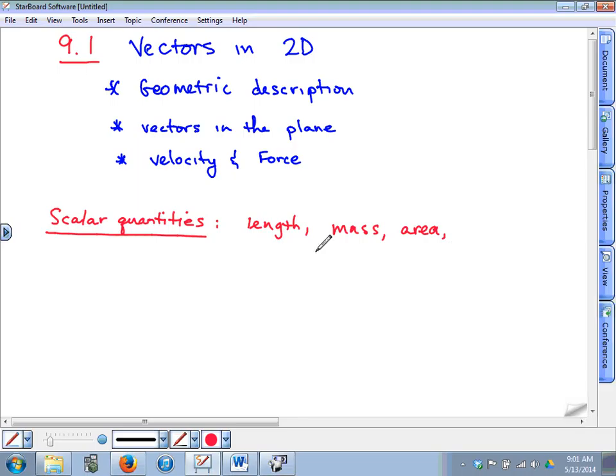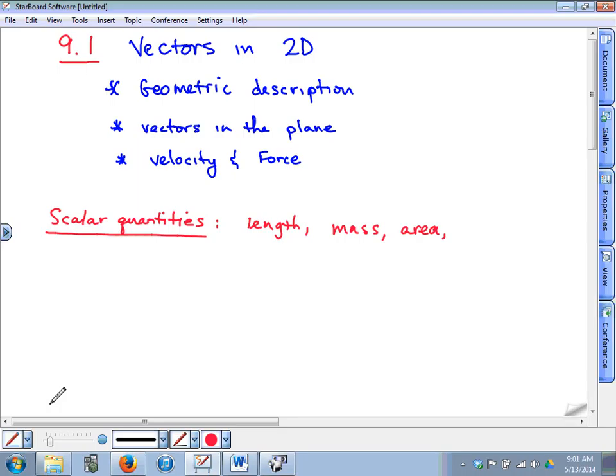They're really one-dimensional. They can be described in terms of a number. Length is 5 centimeters, or mass is 10 kilograms. Area is 50 square feet. Those are called scalar quantities.